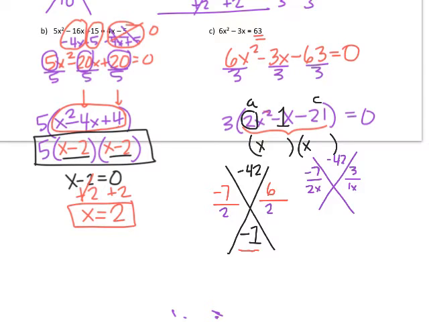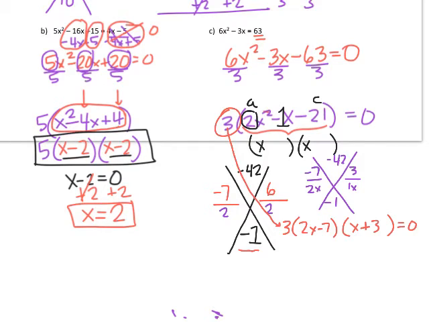And remember, the bottom of this fraction is going to have the variable with it. So my factored form of this equation is going to be 2x minus 7, and don't forget I had a 3. This 3 still goes out at the front. And then I have x plus 3, and that all equals 0.